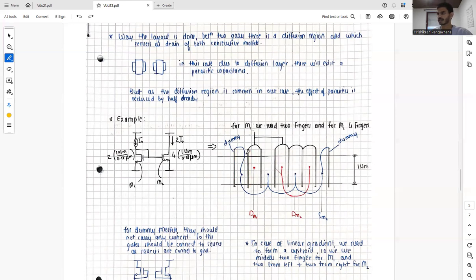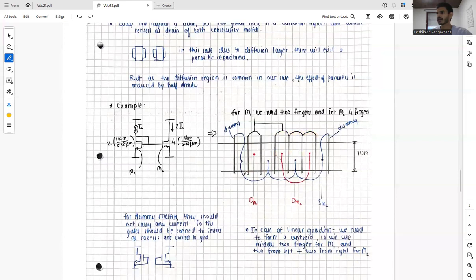Using the first two gates, we can make our M1, whose gates are connected to each other, and the gate of M1 is connected to M2, which is made up of 4 MOSFETs, and they are connected like this. Thus this is the drain of M1, and the drain of M2 can be realized like this, as well as all the sources are connected to the ground.